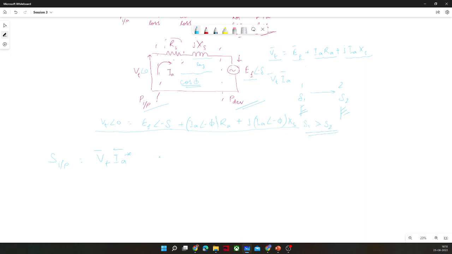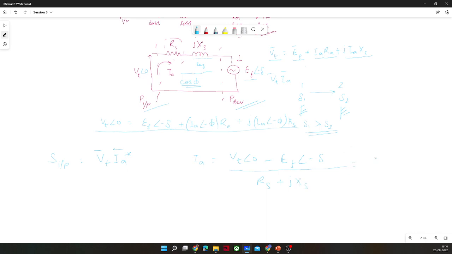Now we can calculate the value of Ia. That would be Vt angle 0 minus Ef angle minus delta divided by Rs plus jXs, right?